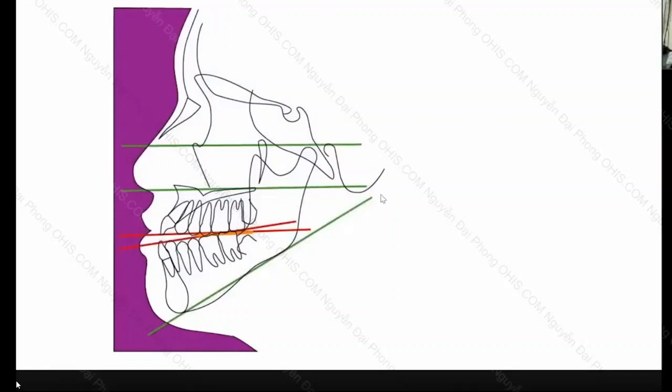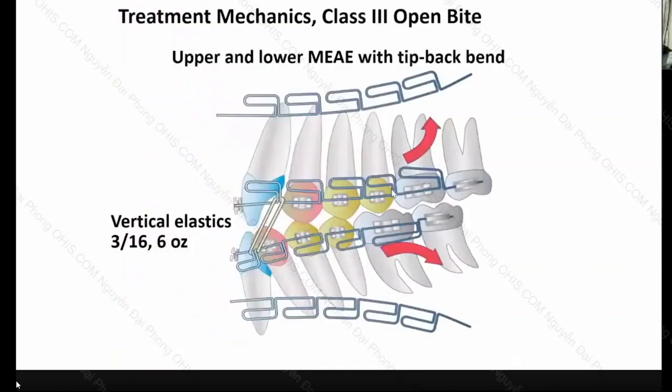The mechanics are almost the same, but a little stronger tip back bend on the upper jaw than class 1. Yeah. Then almost the same, the first loop to first loop, vertical elastic.